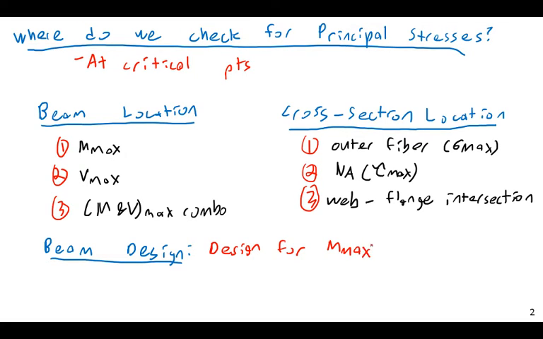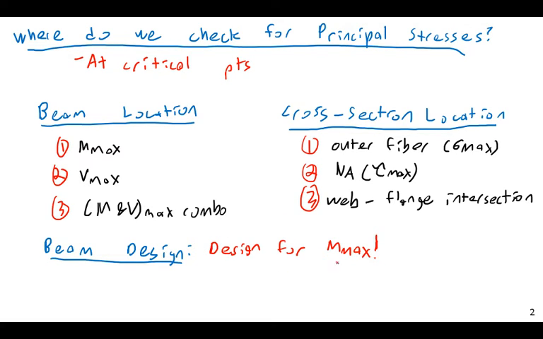Especially on your standard regular types of beams. Built-up sections, like railroad girders and things like that, are exceptions. But your general standard hot rolled shapes that you get from a steel catalog, if those are going to fail, they're going to fail in bending. So we usually just design for the Mmax.